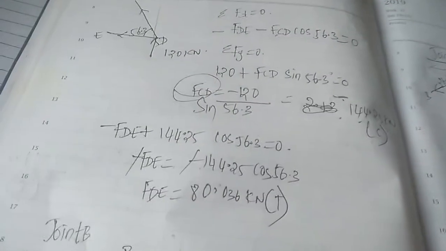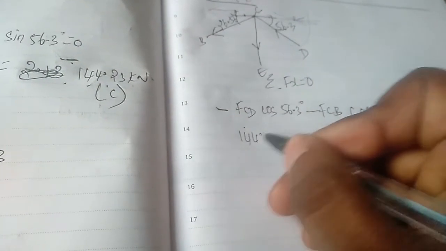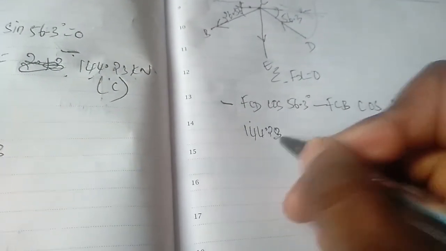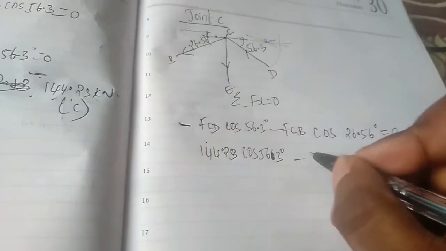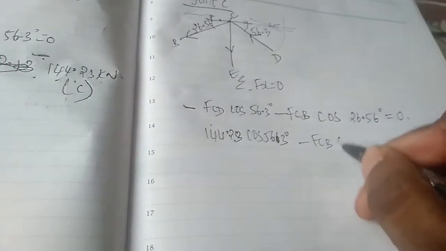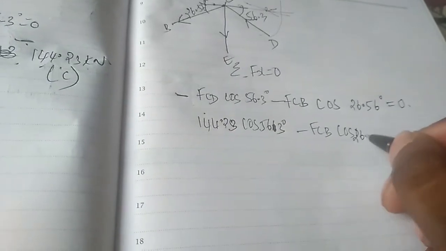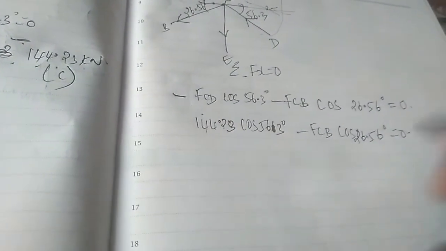So you already know FCD, right? What is FCD? FCD is 144.25. Since it is minus, it will become plus. So 144.23 cos 56.3 degree minus FCB cos 26.56 degree is equal to 0.